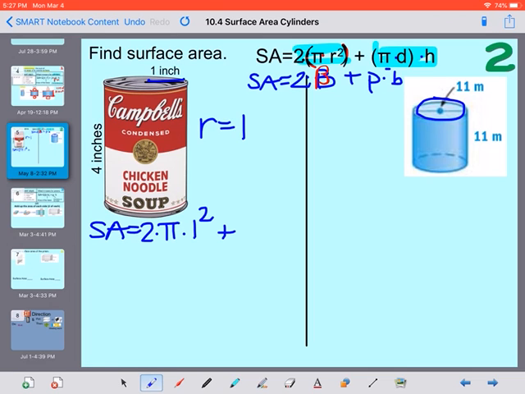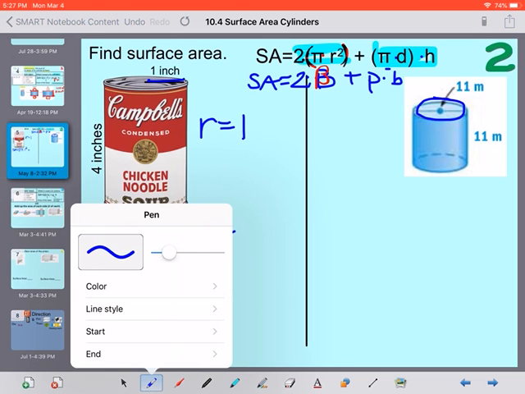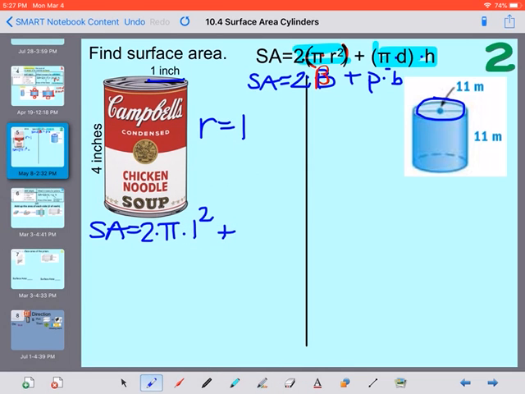Order of operations, PEMDAS: multiply, then add. So we have the first part, 2 times pi times radius squared, plus pi times diameter times the height. If our radius is 1, our diameter goes all the way across, so our diameter would be 2 inches. Times 2 times our height, which is 4.